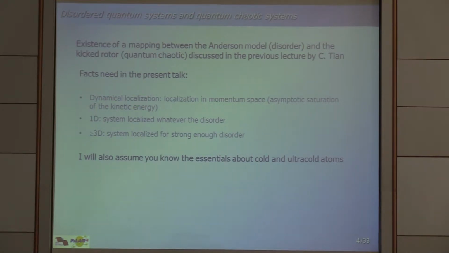As in any Anderson model, the system is always localized in one dimension, whatever the disorder. This is a standard property of the Anderson model. And then if you go to dimensions higher than 2, you have a transition from localized in strong disorder to diffusive in small disorder.